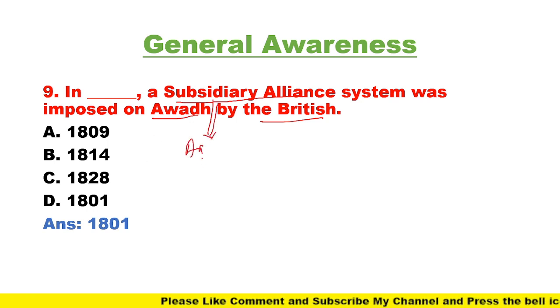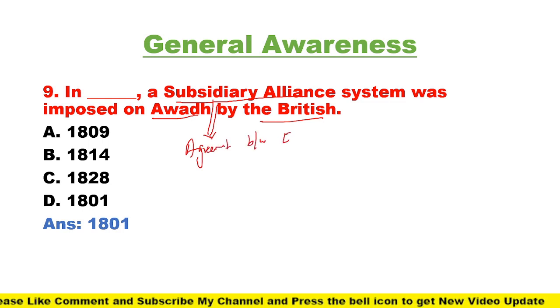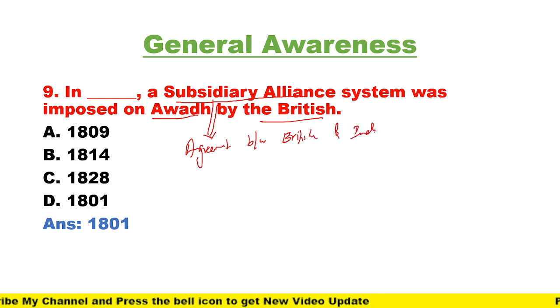So, what is this subsidiary alliance basically? It is an agreement between Britishers and Indian rulers for military support.